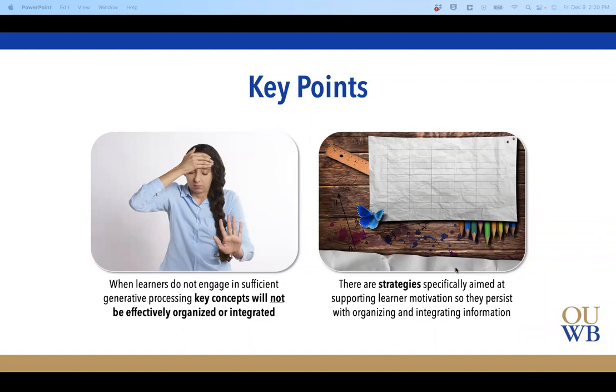But they're going to need to be motivated to do those things. And so as instructors, we want to help build that motivation for learners and utilize these strategies that are aimed at supporting learner motivation so that they persist through all three of those learner processes according to the multimedia model that Clark and Mayer have put forth for us.